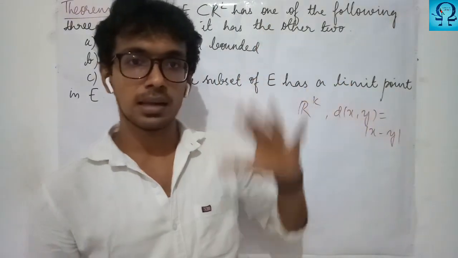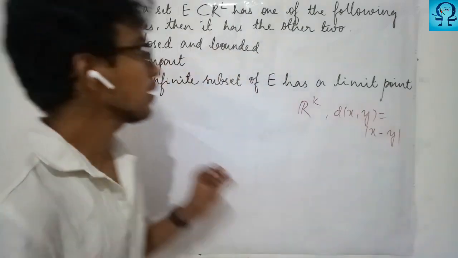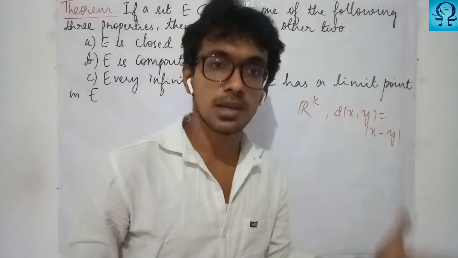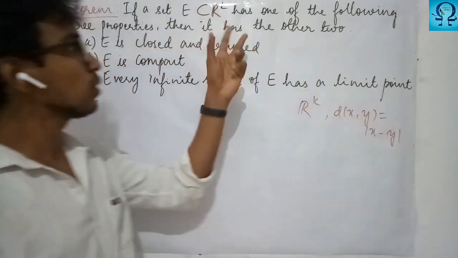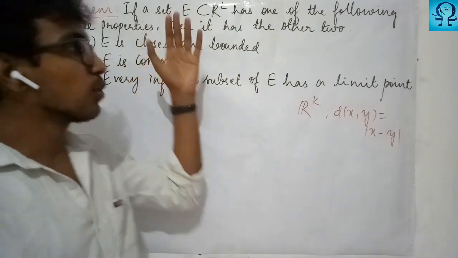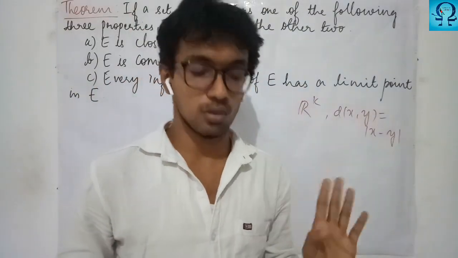If it is given to be Rk, we have to assume that it is defined with the standard Euclidean metric. Under the standard Euclidean metric, this Rk becomes a Euclidean space, and in that Euclidean space we are taking a set. If the set has one of the three properties, then that implies it has the other two.